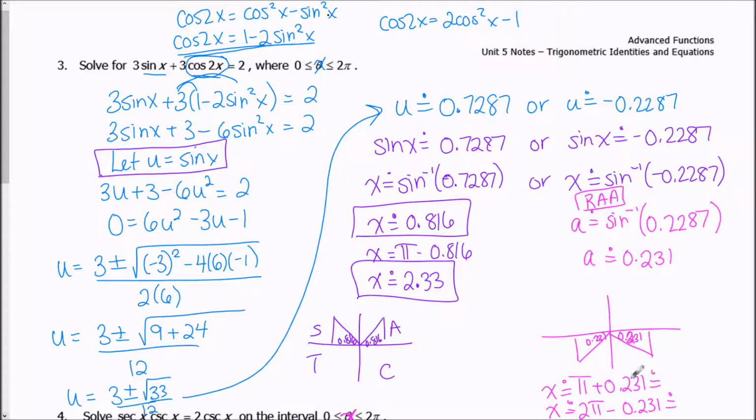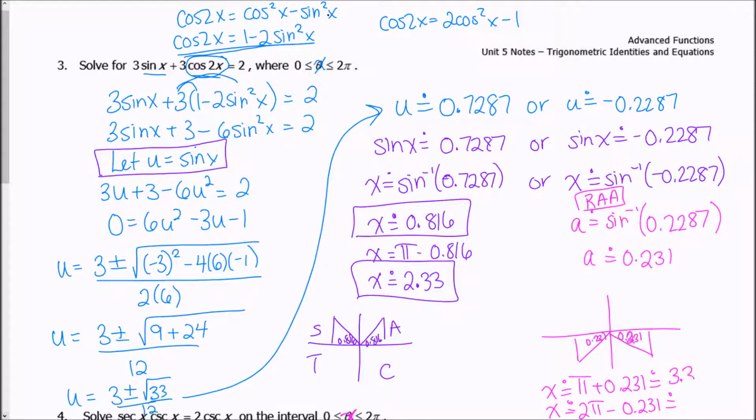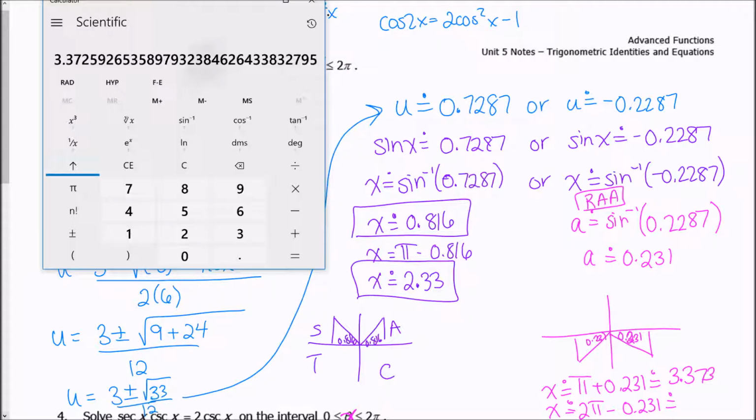We'll type those in and see what we get as our answers. Here we get pi plus 0.231, and we end up getting 3.373. And then here, when I plug in 2 times pi minus 0.231, I end up getting 6.052.